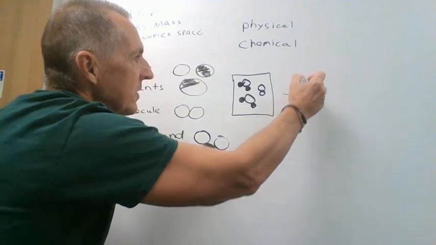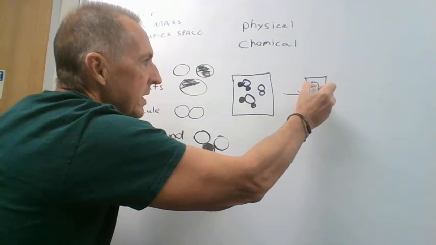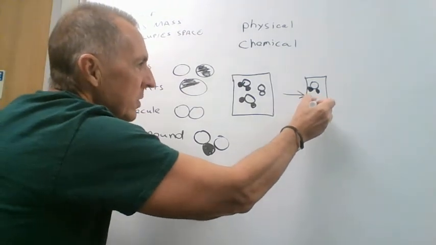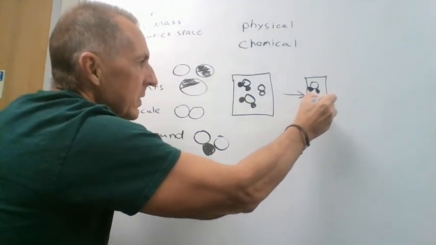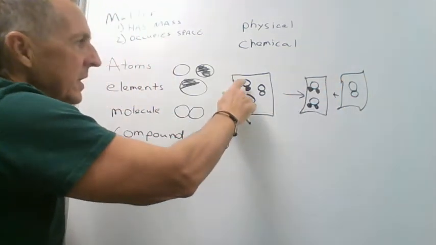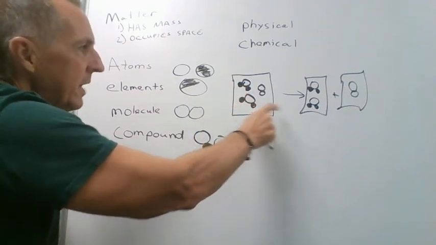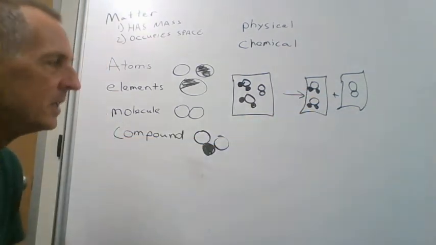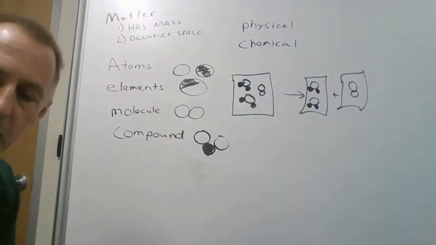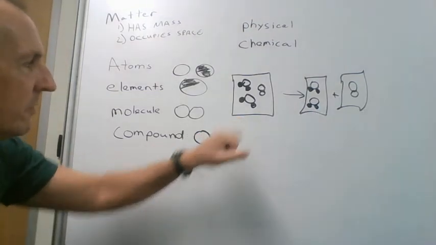And then if we underwent a physical change afterwards, we might have this dissolved in this liquid, and afterwards we would end up separating the two from each other. But when you started, you had two of these molecules or compounds that had two filled in atoms and one not filled in. After the change, we still had two of these kind of molecules, and we have one of these and one of these. So no new compounds were formed. All we did was separate the two from each other. And this would be an example of a physical change.